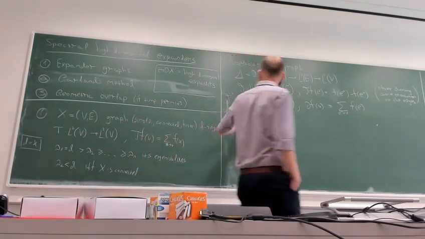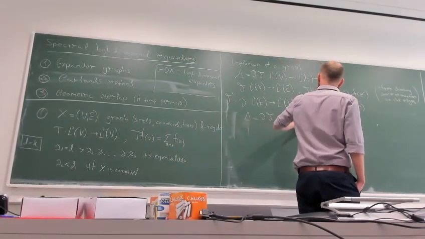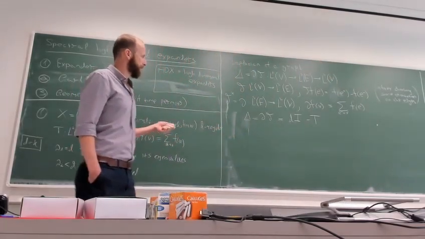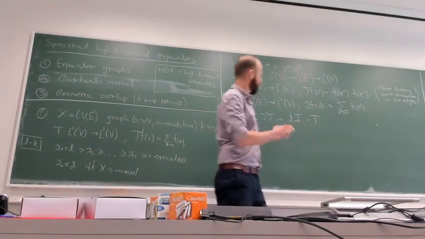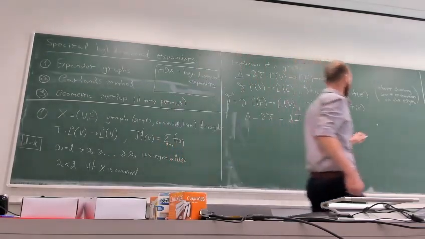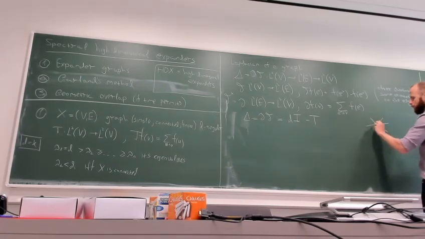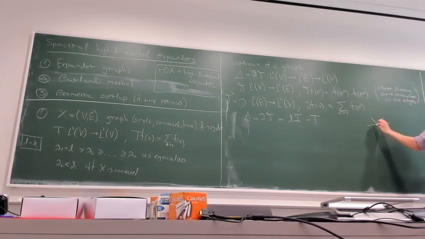And so maybe a nice exercise, a not very hard one, would be to show that what you actually get when you compose them is d times the trivial operator minus the adjacency operator. Because for any vertex, you first put ones on all of the edges.